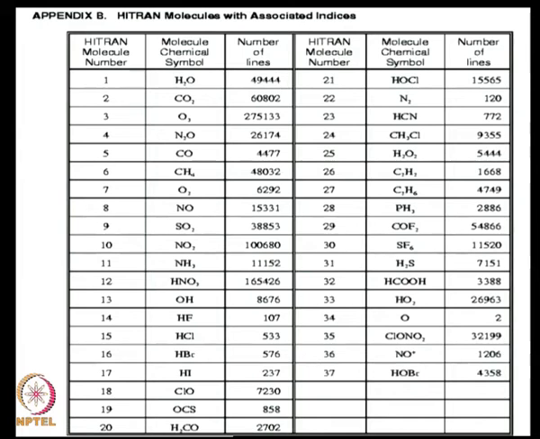Okay. Look at ozone, it has 2,75,000 lines. Nitric acid has 1.65 lakhs. So, to me this shows you how difficult it is to deal with radiation by these gases, because they absorb over a large number of lines.